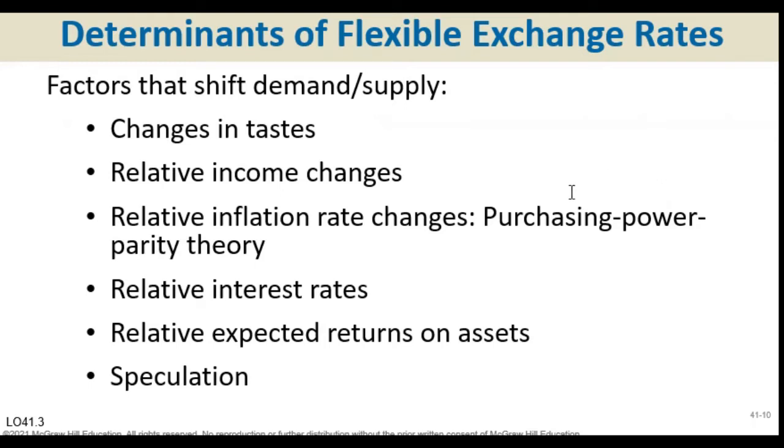If the supply of a currency increases, it will depreciate. And if one country's currency appreciates, some other country's currency will depreciate relative to it. So what causes supply or demand to shift?